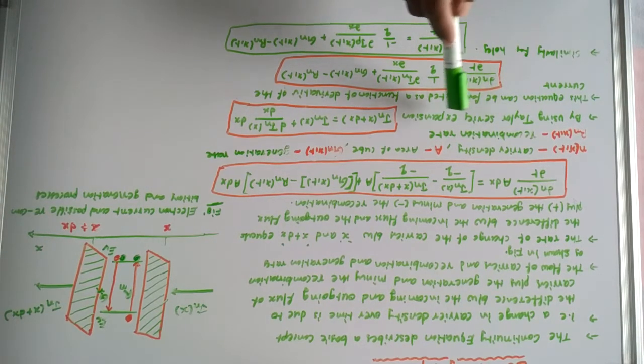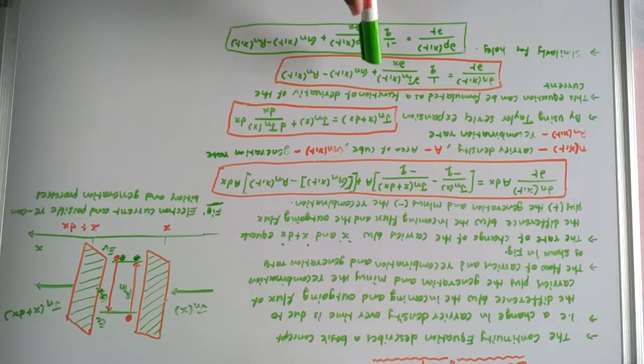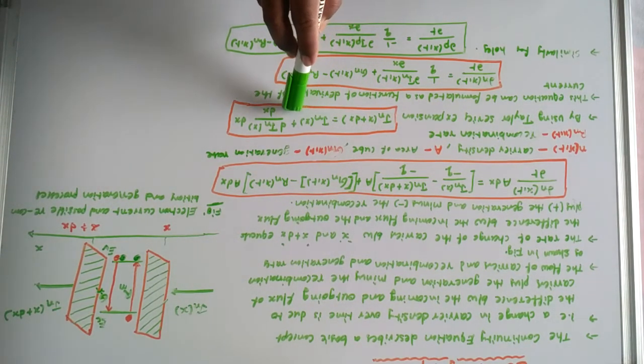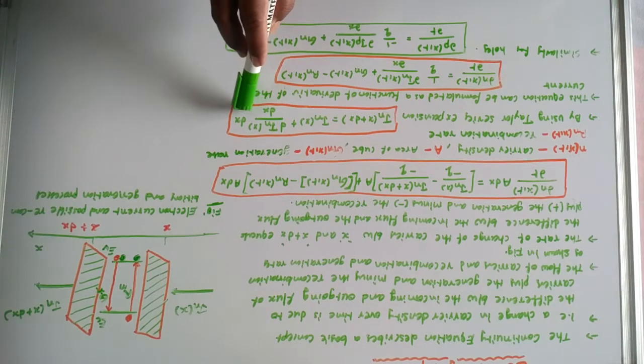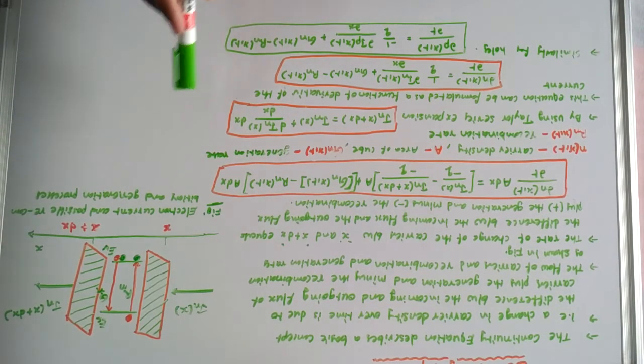By using the Taylor series, according to this equation, write Jn(x+dx) = Jn(x) + ∂Jn(x)/∂x · dx.